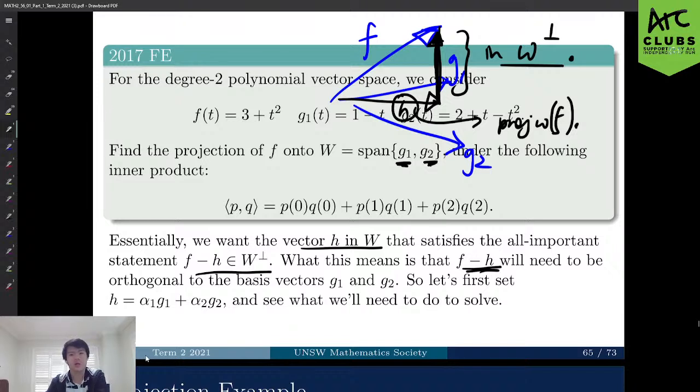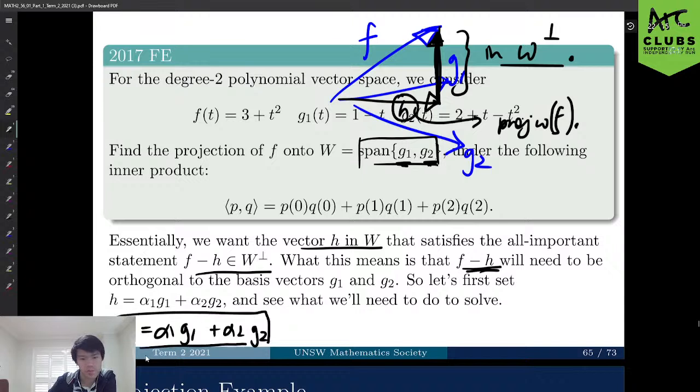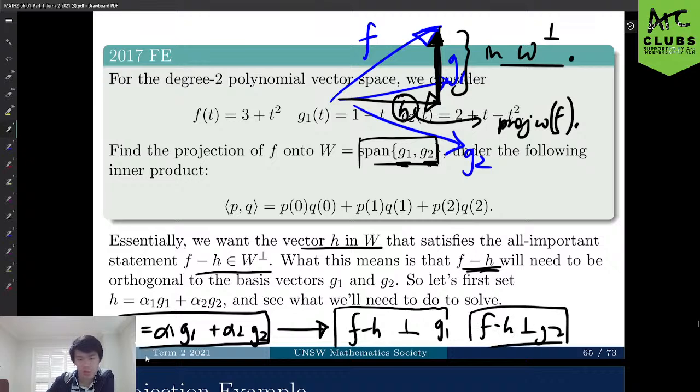So what we can do is, because h is in the span of g1 and g2, let's let h be a1 g1 plus a2 g2. Once we've set that, f minus h is going to be orthogonal to both g1 and g2. In that sense, we might actually find out what a1 and a2 are going to be.